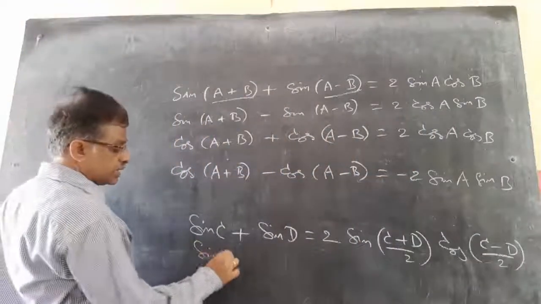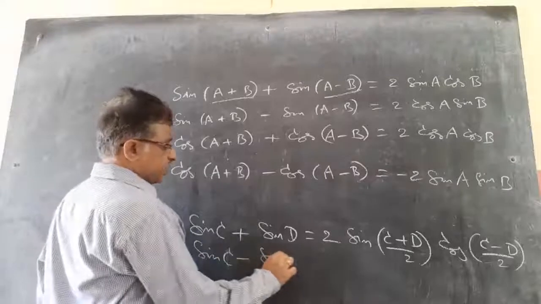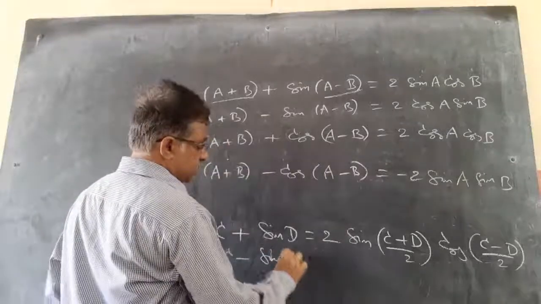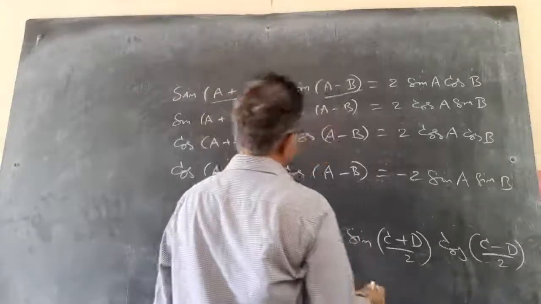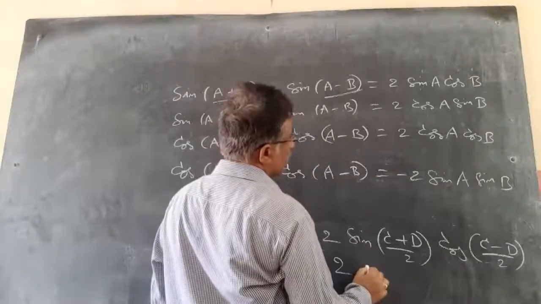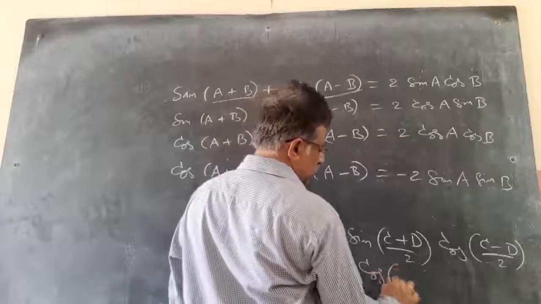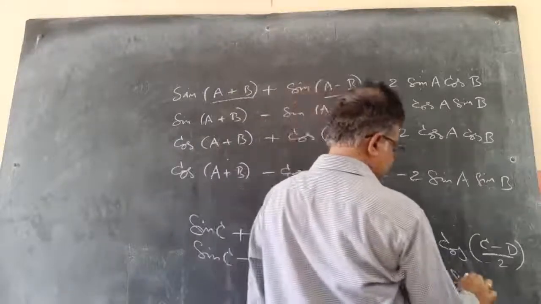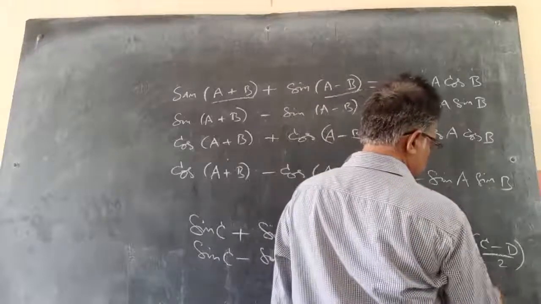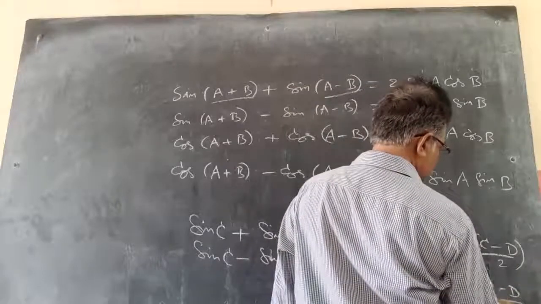Same for sin C minus sin D. In place of A plus B, keep C, and in place of A minus B, keep D, and automatically you get the transformation formula: 2 cos of (C+D)/2 into sin of (C-D)/2.